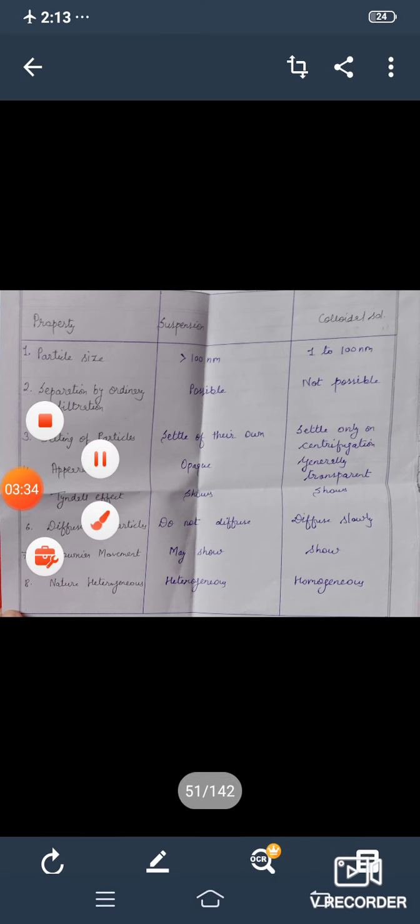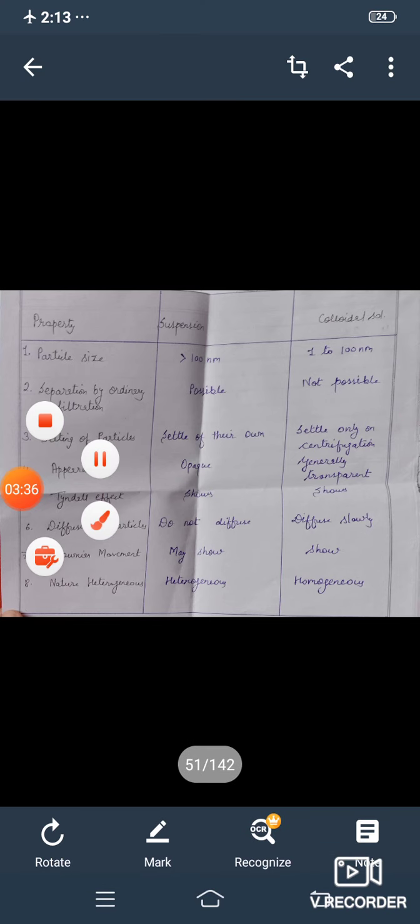So here I am representing the chart. Three columns: property, suspension and colloidal solution. First you have to write down the particle size: more than 100 nanometer in suspension, and in colloidal solution it is 1 to 100 nanometer.